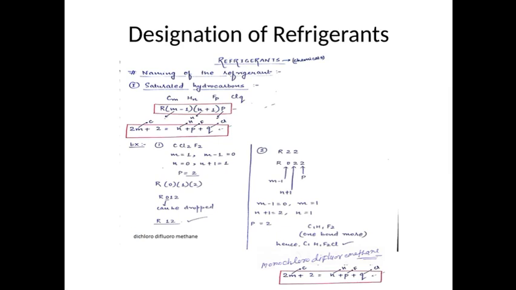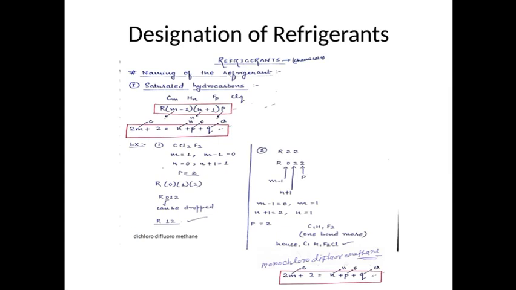Then again we need to find out if there are some chlorine atoms, because here only one bond would be there, CHF2. So it is not satisfied, and we need to find out with the help of the second equation, 2m plus 2 equal to n plus p plus q.